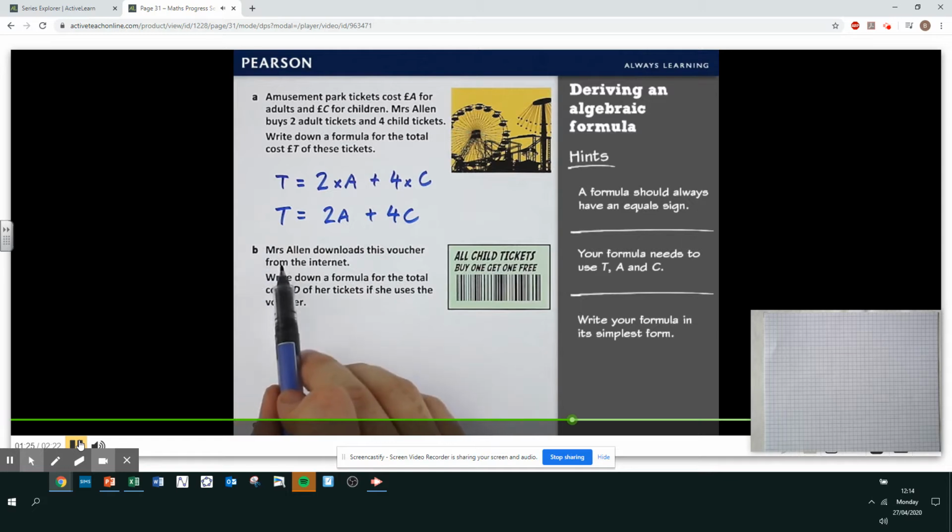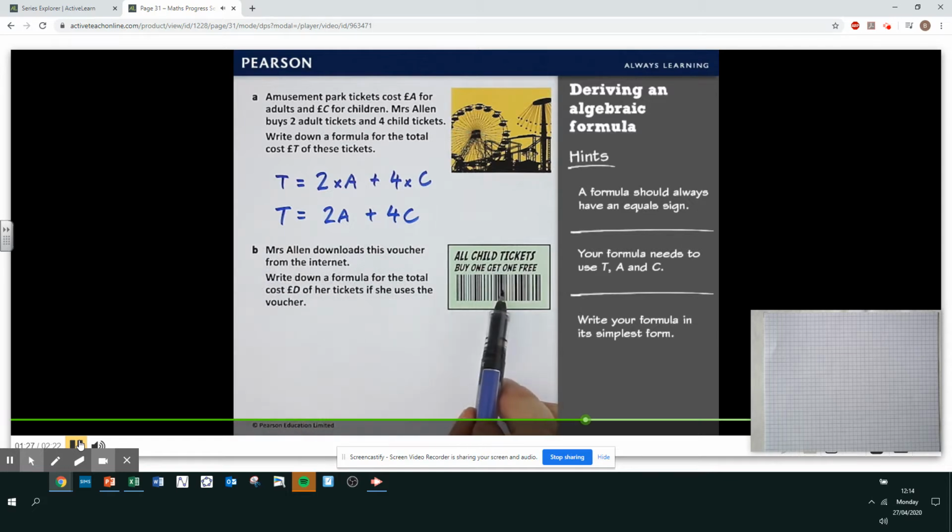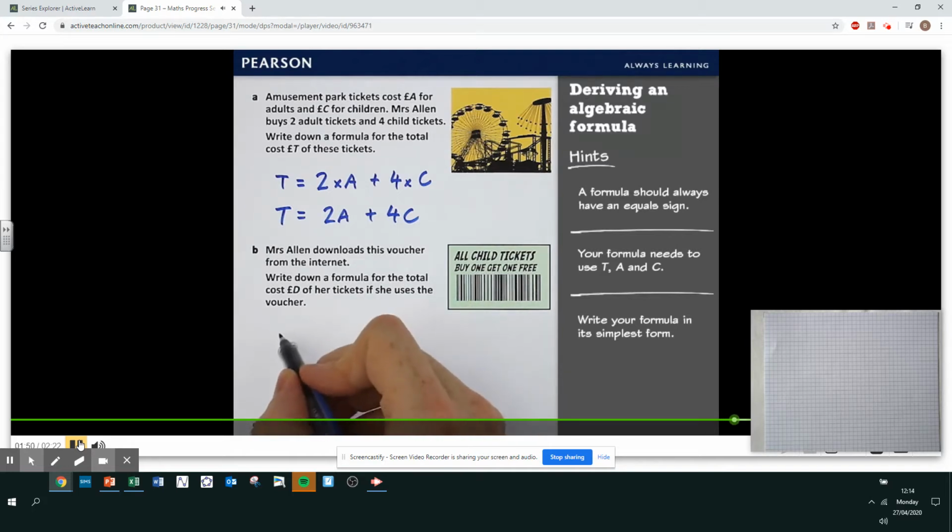Part B. Mrs. Allen downloads this voucher from the internet. All child tickets, buy one get one free. Write down a formula for the total cost, D pounds, of her tickets if she uses the voucher. Use the information in the question to work out what's changed. The voucher only applies to child tickets, so the number of adult tickets is the same.